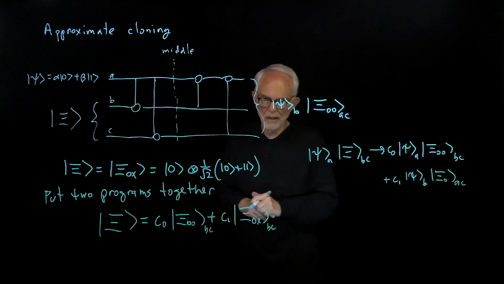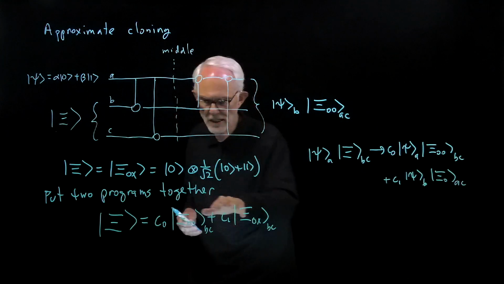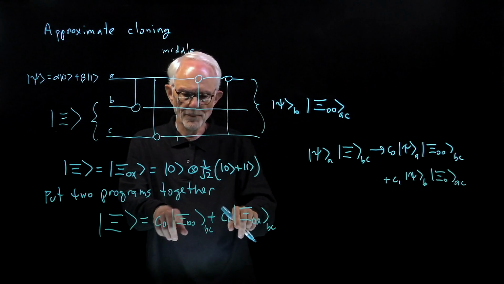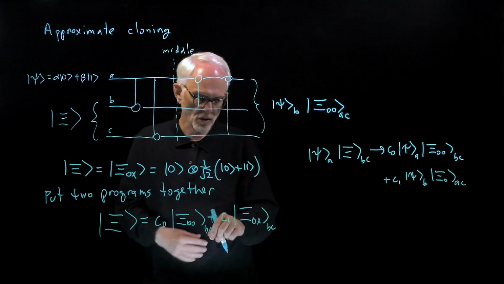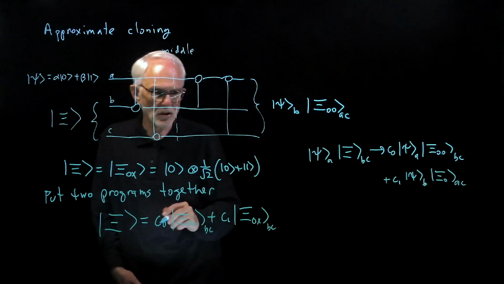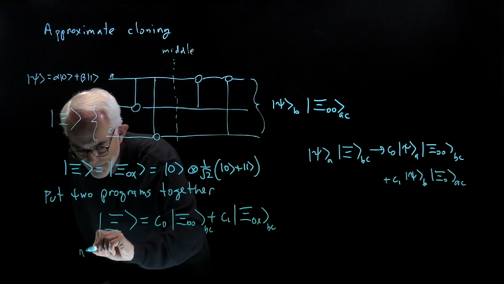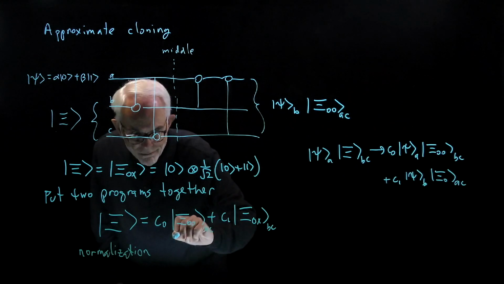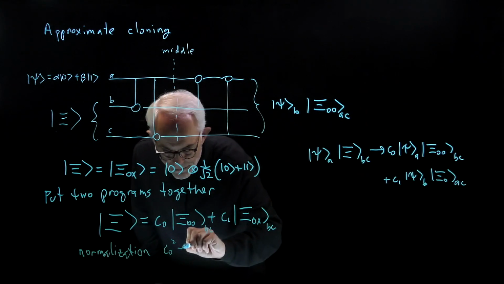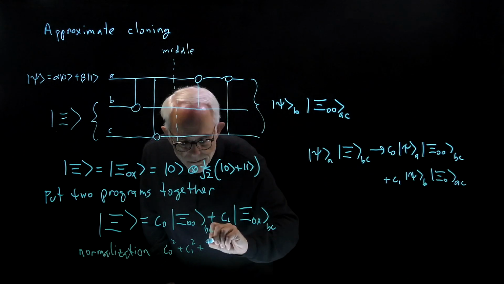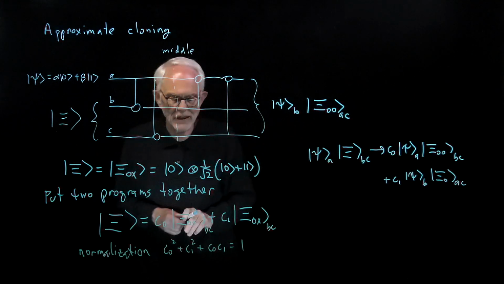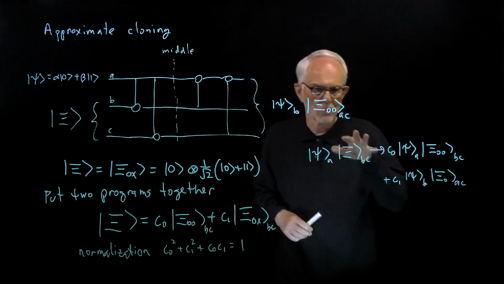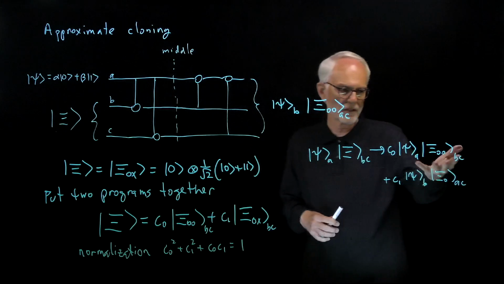Now, I didn't mention before the normalization condition on this state. I'm going to squeeze it in down here, because the |00> and the |0x> are not perpendicular to each other. So the normalization condition is given by that.